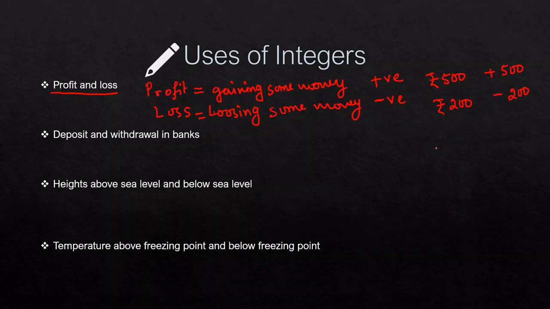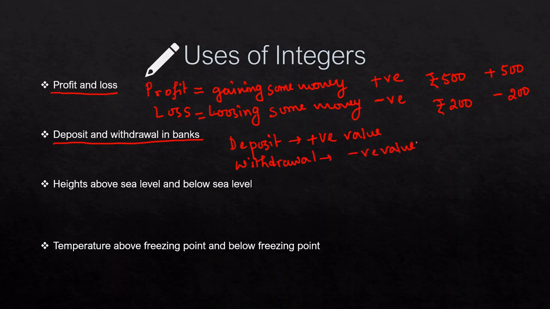Deposit and withdrawal in banks. Deposit and withdrawal is also the same case, where deposit means gaining some money and withdrawal means removing money from the bank. So deposit will be a positive value and withdrawal will be a negative value.